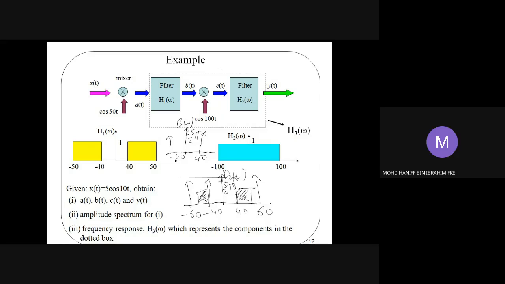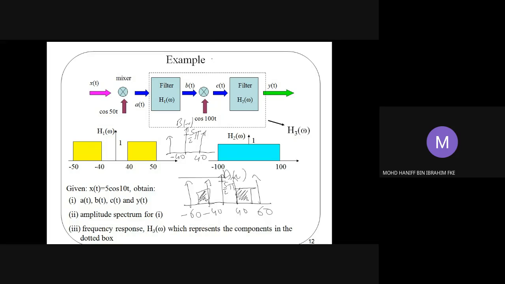From here, we can then obtain your BT, because the question requires us to find the BT. We have obtained the B omega spectrum, which answers the second question here. For the B omega, we need to do the inverse Fourier transform to find the BT.